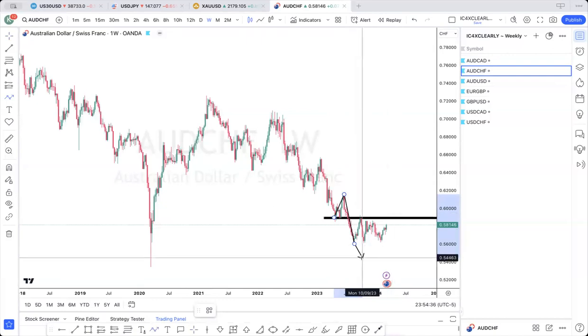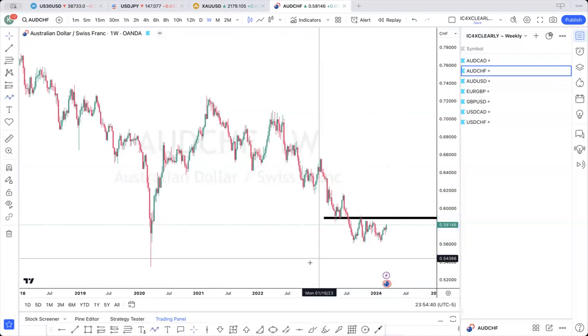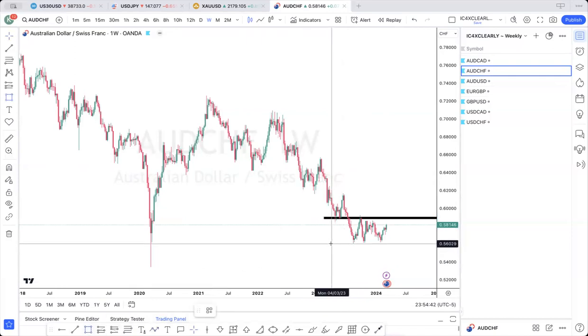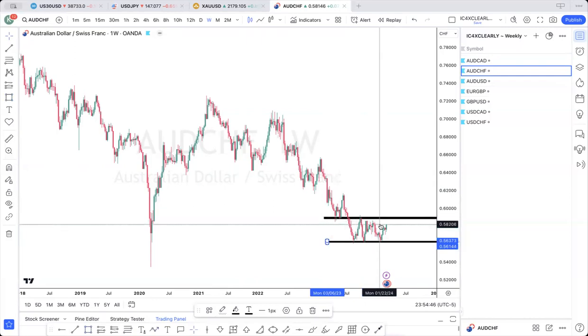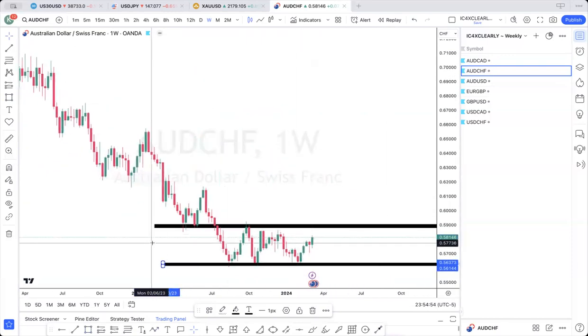So with that being said, we have this zone here, this key level here, and then this key level here. So we can wait for price to, well, you have a bullish order block.